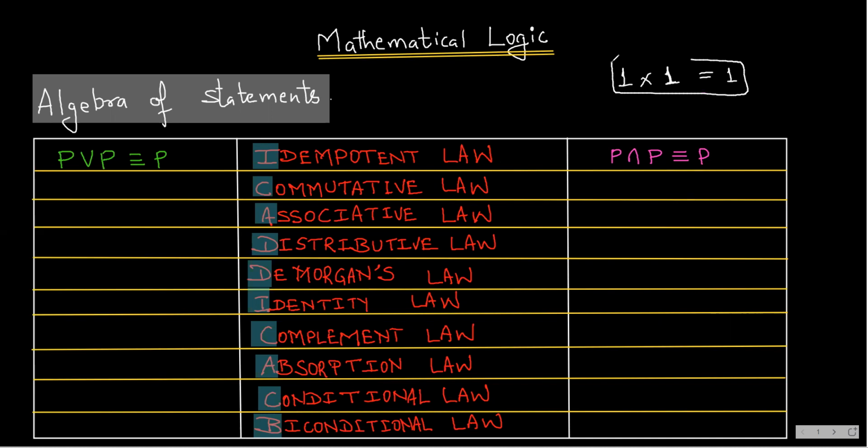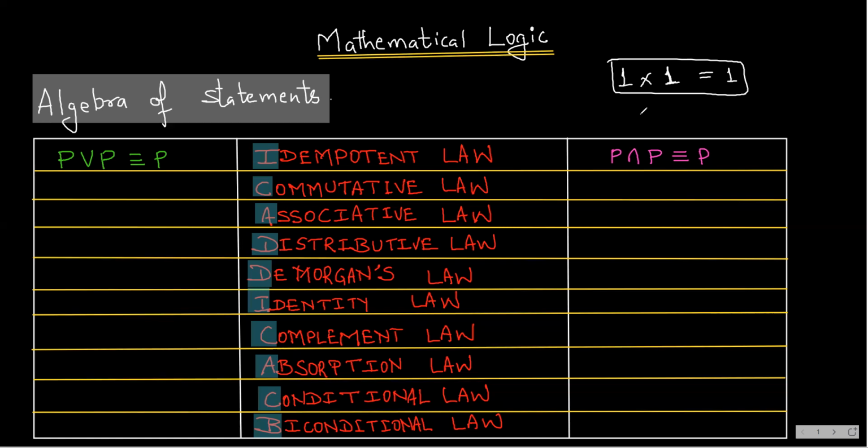So this is a kind of idempotent law, because the multiplication operation is an idempotent operation for 1. No matter how many times you multiply 1, it stays 1.